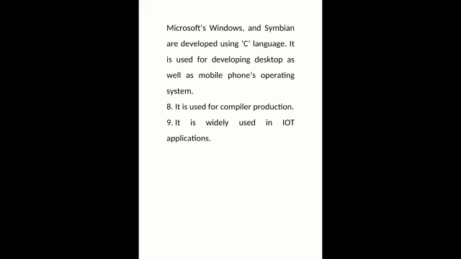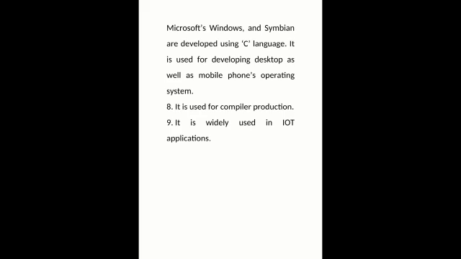It is used for developing desktop as well as mobile phone operating systems. Our mobile phone operating systems like Android and many more were developed through the C programming language.